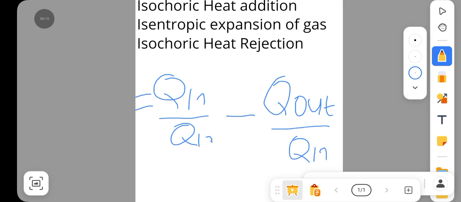Now Q in cancels Q in here, and this becomes 1.